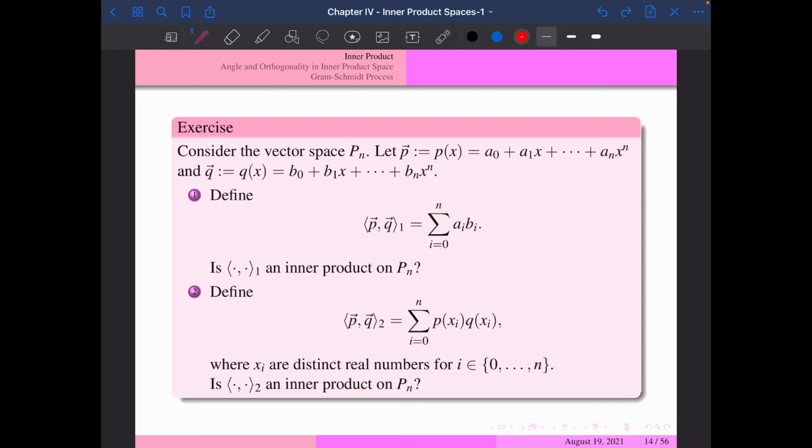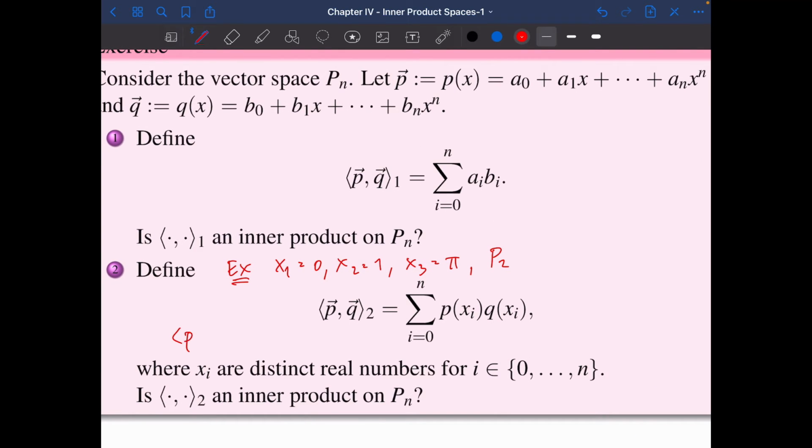Okay, for example, for this inner product, if you pick x1 equal to 0, x2 equal to 1, and x3 equal to pi on P2. What is the set P2? P2 is the set of polynomials of degree less than or equal to 2, right?